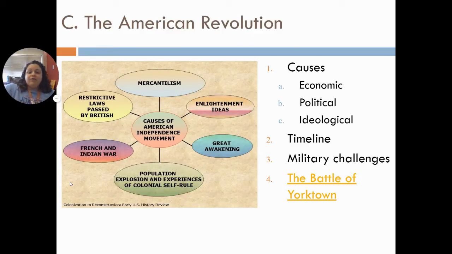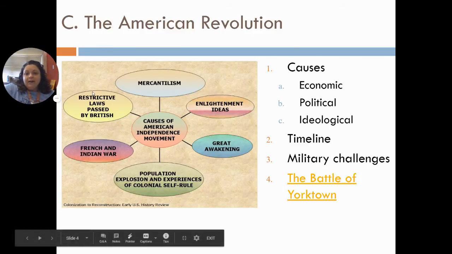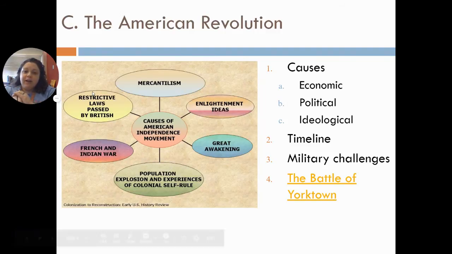And then also these restrictive laws, right? Definitely these ideas of taxation, the economic burden of taxes that Parliament was imposing. Now, the colonists had always paid taxes. The colonists paid taxes to their representatives in the colonies, right? Every colony had their own representative body.